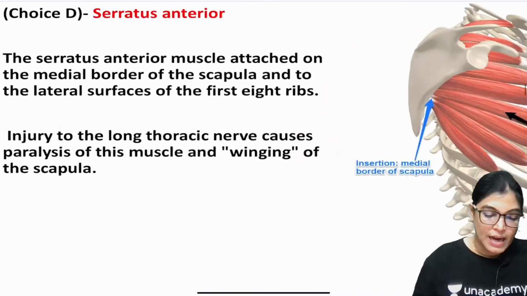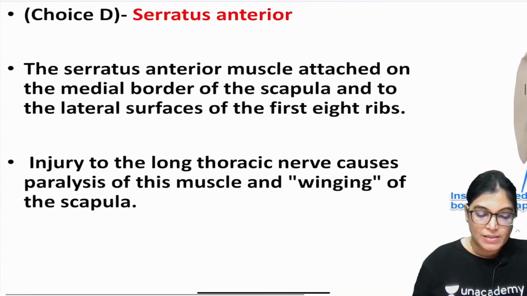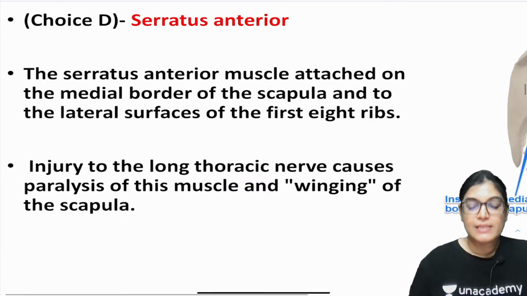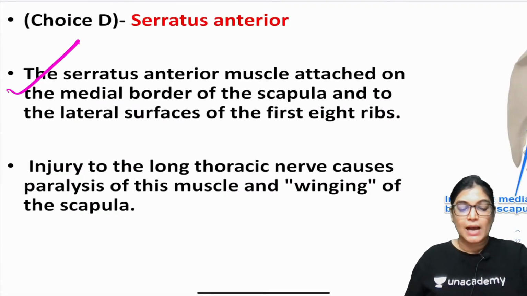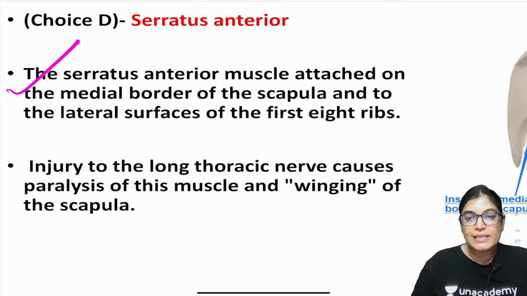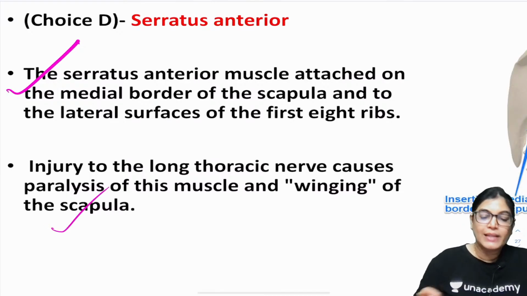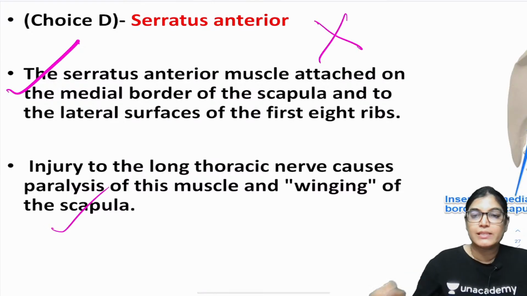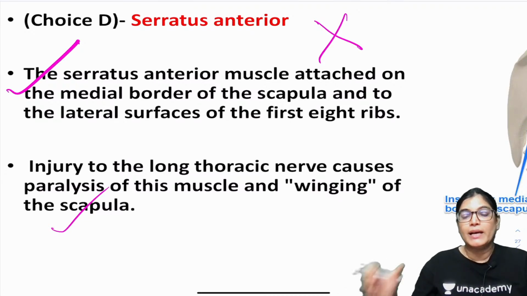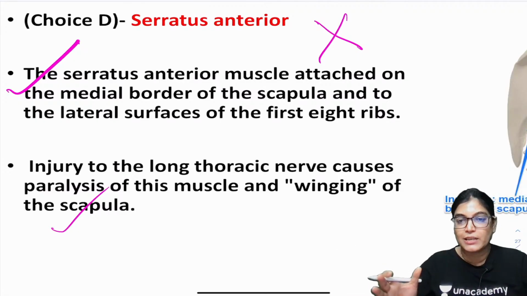Serratus anterior muscle: we know that it is attached onto the medial border of the scapula and arises from the upper ribs. Whenever the serratus anterior muscle is injured, the medial border of the scapula is not held against the vertebral column and it's not directed medially.